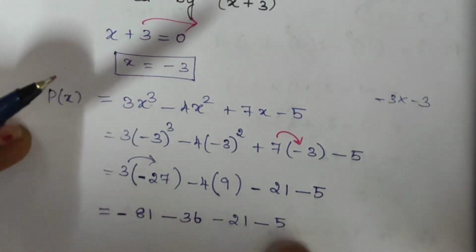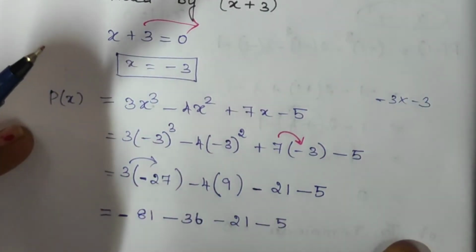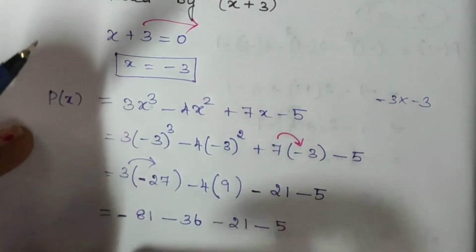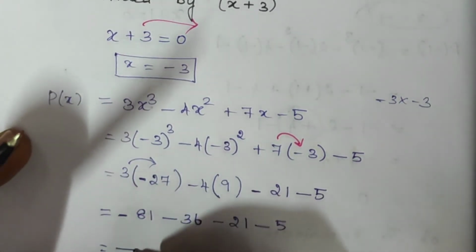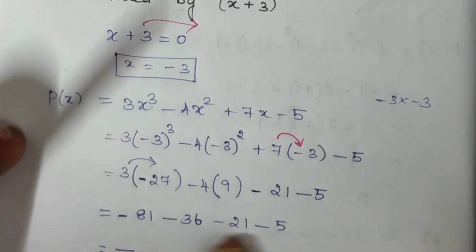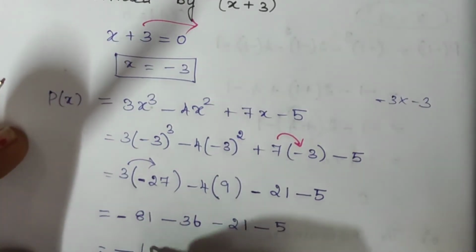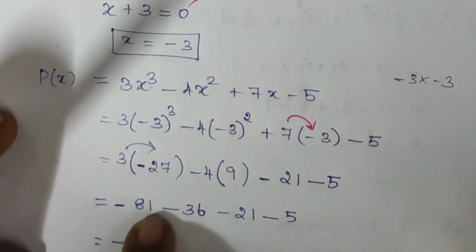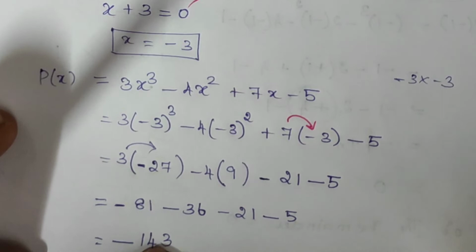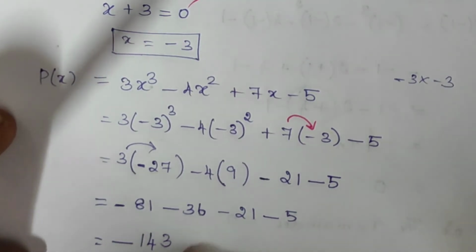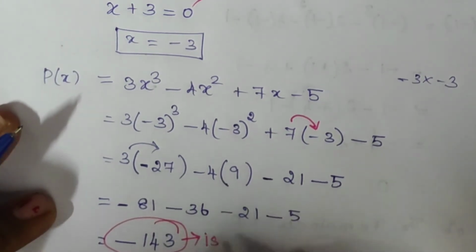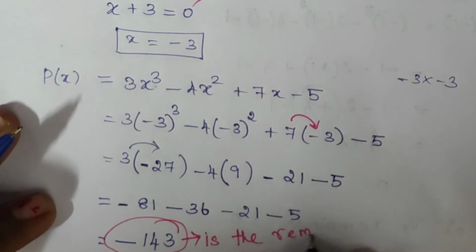Since all these numbers are negative, you add all the numbers and put the sign of the greater number. Here the greater number is 81, so your answer will be negative. When you add all these numbers, you will get 143. Since the greater number is minus 81, it is minus 143. Therefore, minus 143 is the remainder.